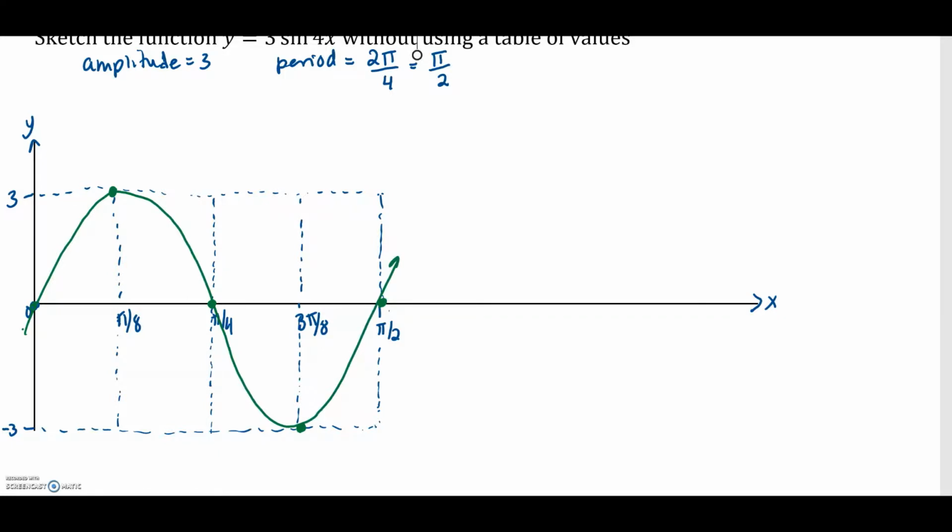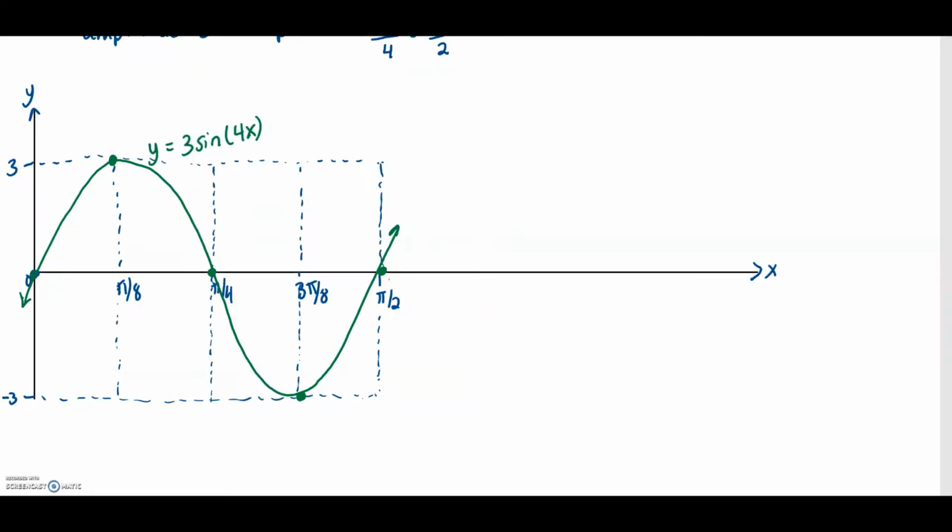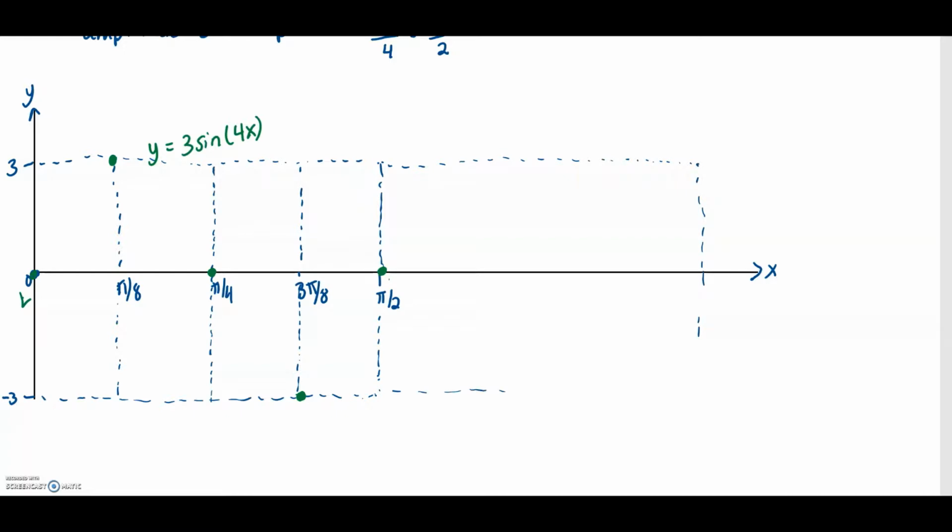And connecting these points with a nice smooth curve, we get an initial sketch for the function y is equal to 3 sine of 4x. We actually have enough space here to show a second period of the function. So what we could do if we wanted to show 2 full periods is continue graphing up to pi.